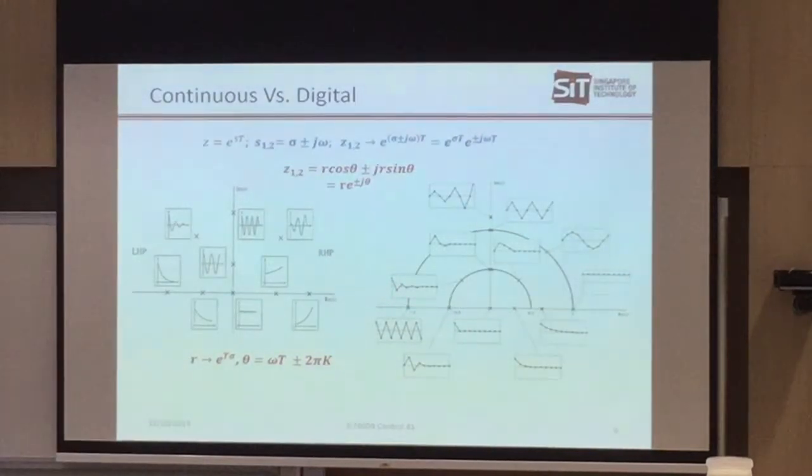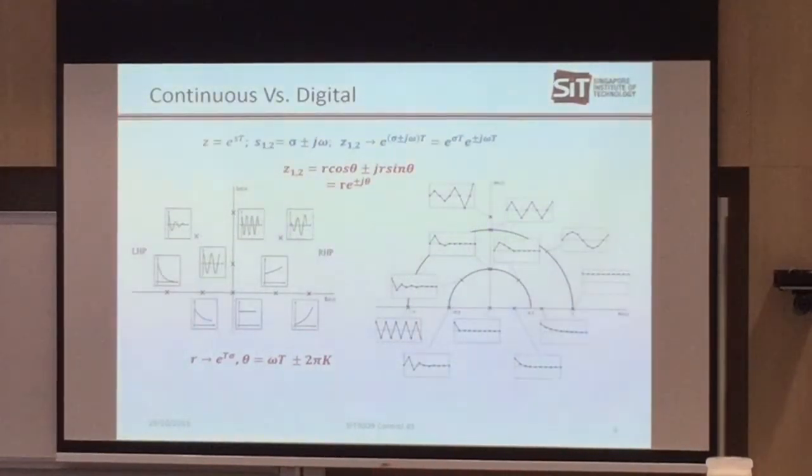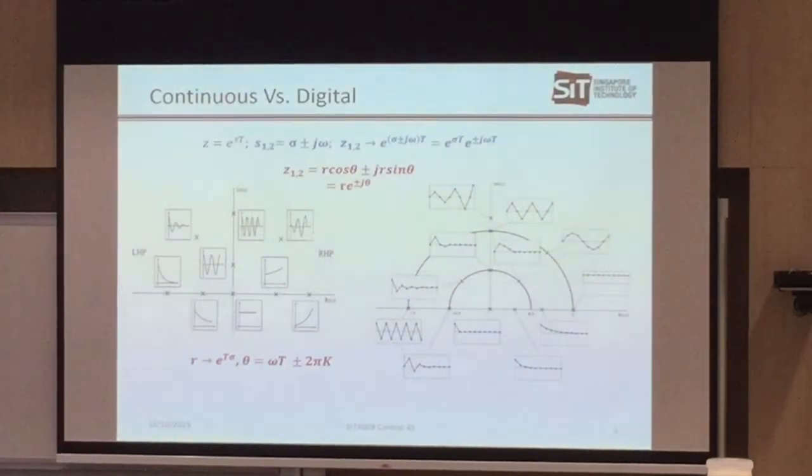Now, what's the meaning for the BIBO? BIBO is for any bounded input. The meaning of the bounded input is that your input value is bounded by a certain finite value all the time. For example, your unit step. Is your unit step bounded? Yes. Because it will never be greater than 1, from time 0 to the end.